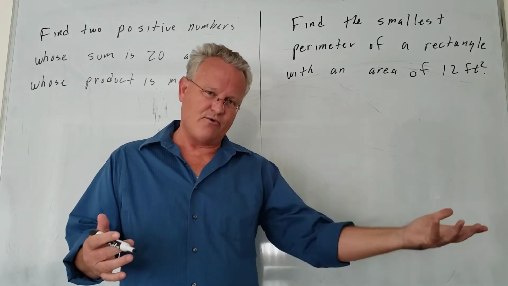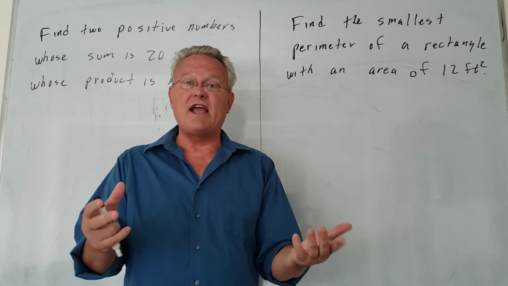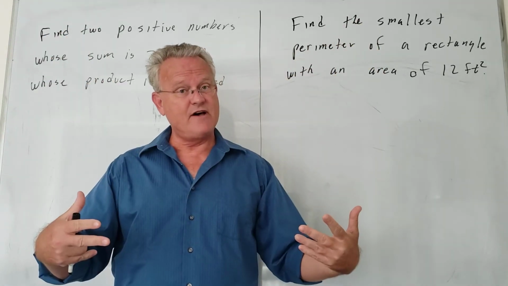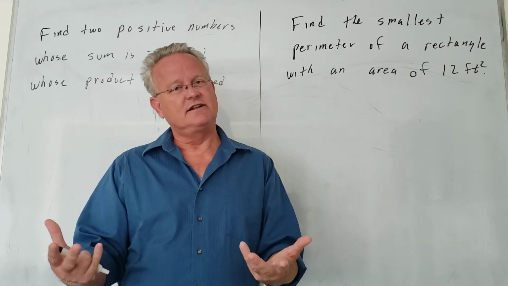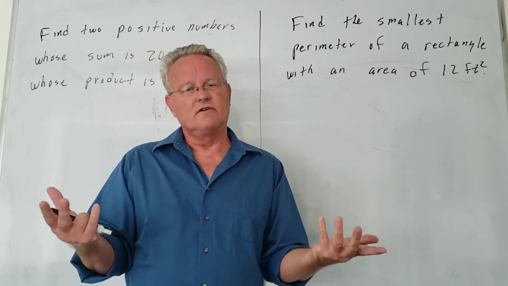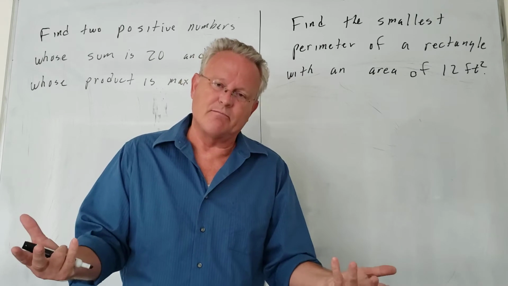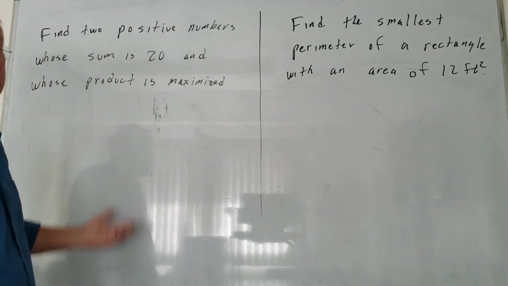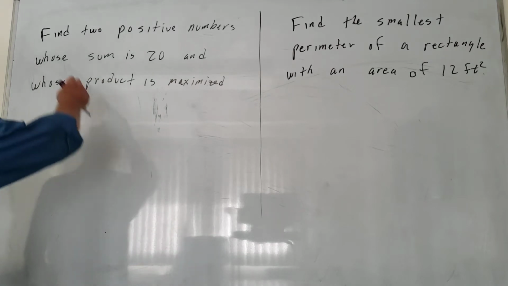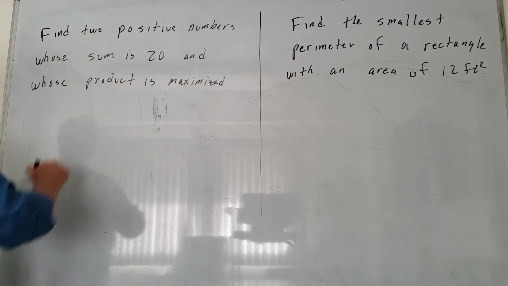Why? Well, think about what we did before. How do we find our maximum and minimum values of a function? You take the derivative and find the critical numbers, where it's 0 or undefined. So that's the reason why we do that. We have to find numbers whose sum is 20.